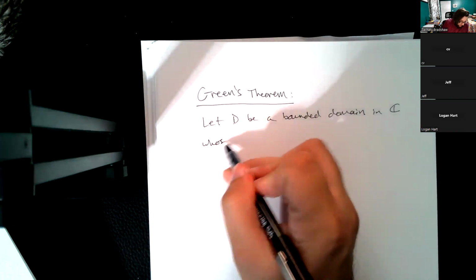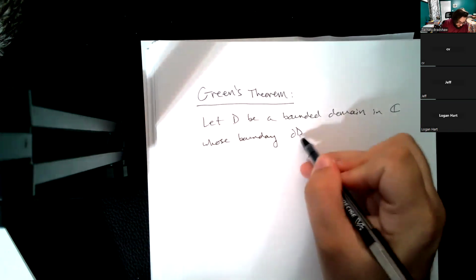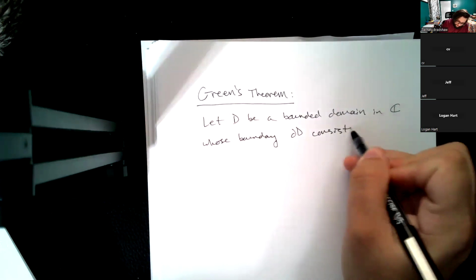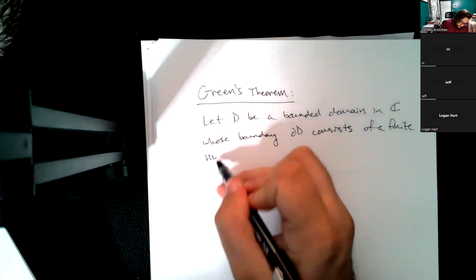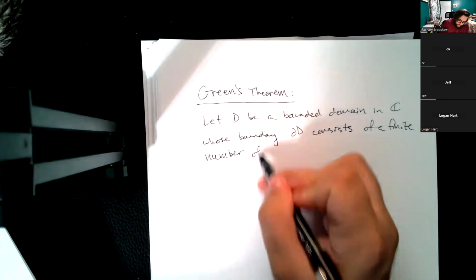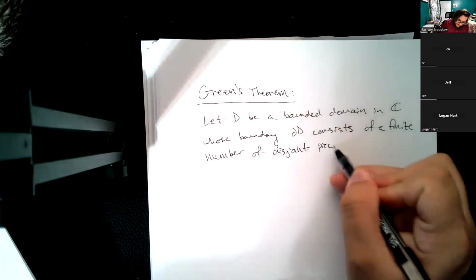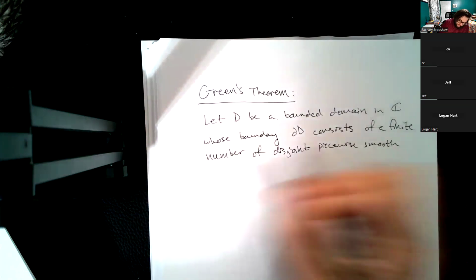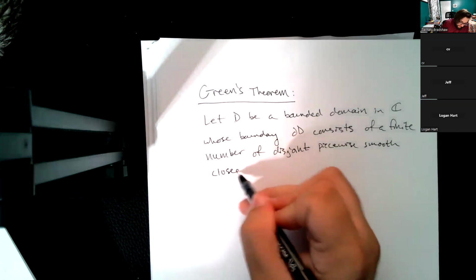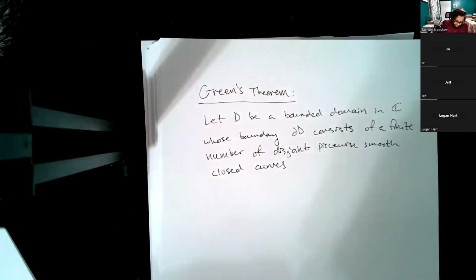Whose boundary consists of a finite number of disjoint, piecewise smooth, closed curves. Do I want to say closed here?